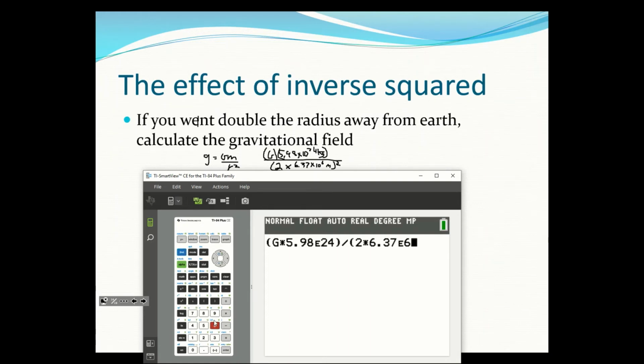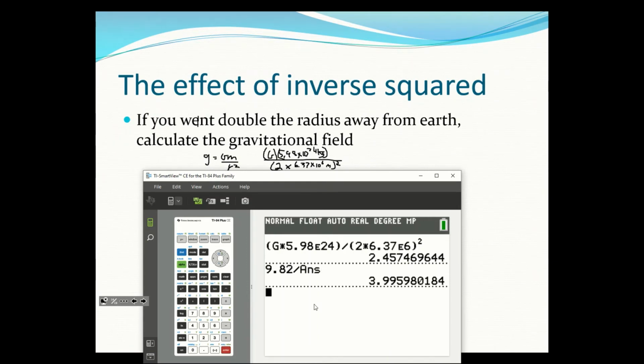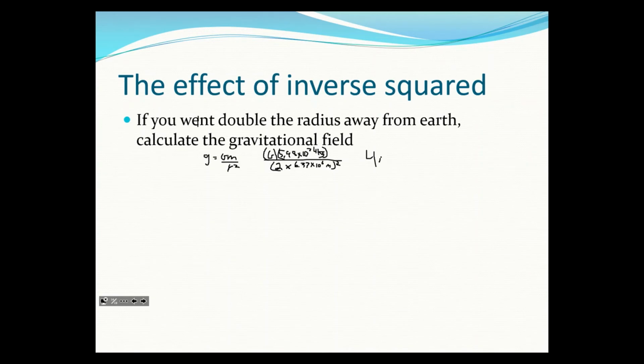And we want to square both those numbers, so we want to make sure our squared is outside the bracket this time. And we get this. Okay, so if I take our answer from before, which was like 5.82-ish, and I divide it by this answer, you can see it is basically 4 times less.